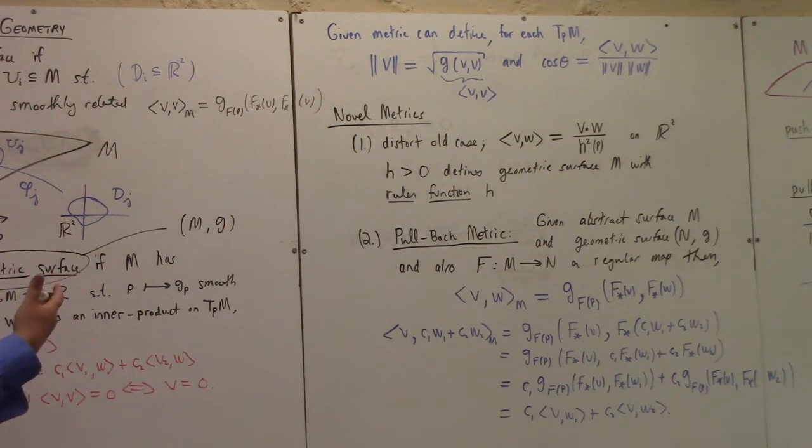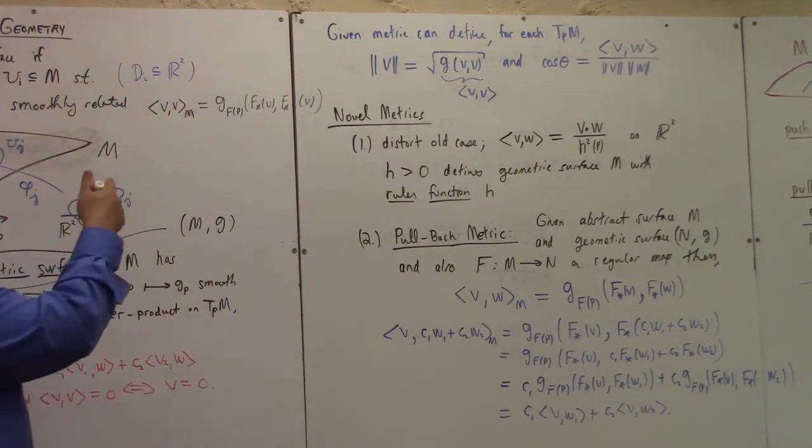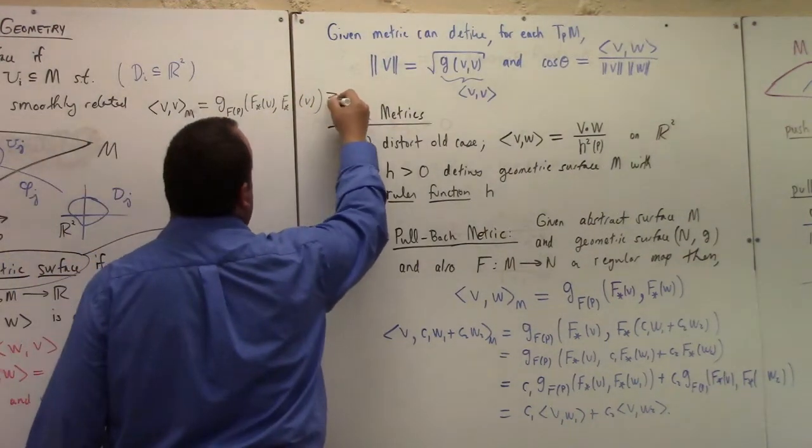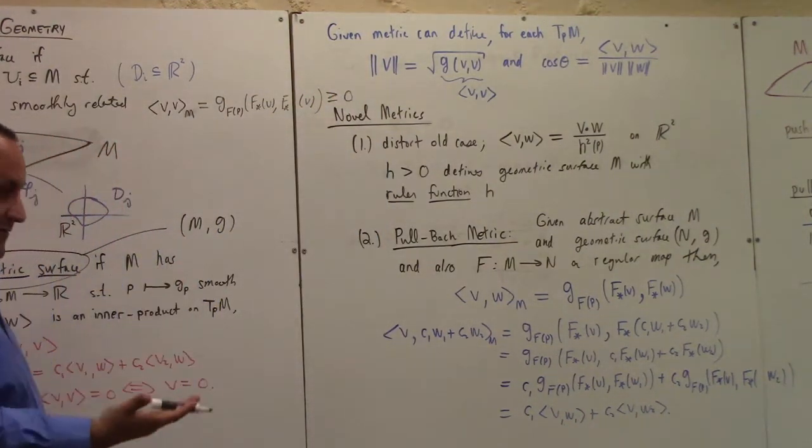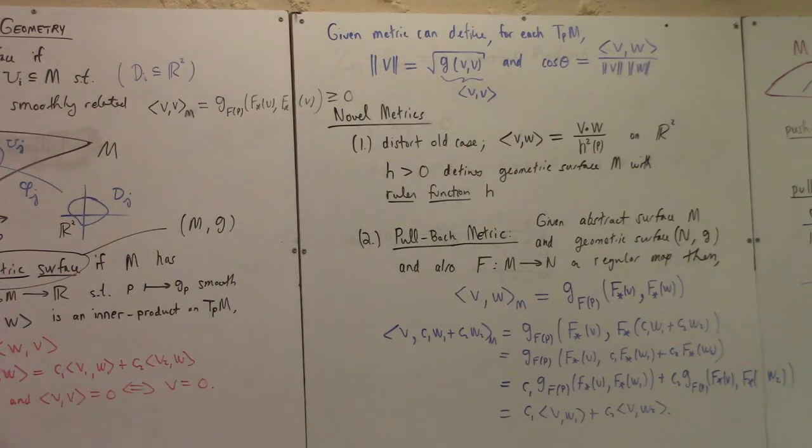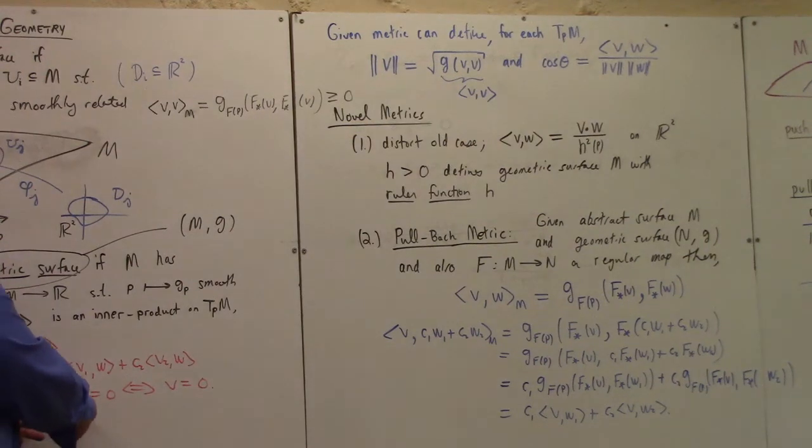N is a geometric surface. That means G is a metric. So this is given to be greater than or equal to 0. Wonderful. That's half of the battle. But we also need to know that V, V on M is only 0 if V is 0.